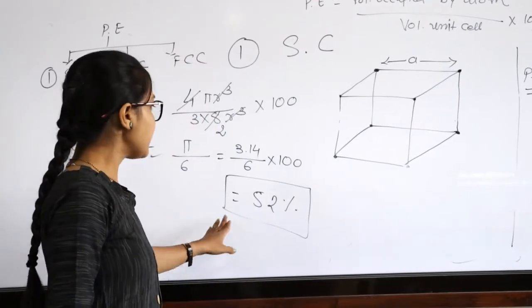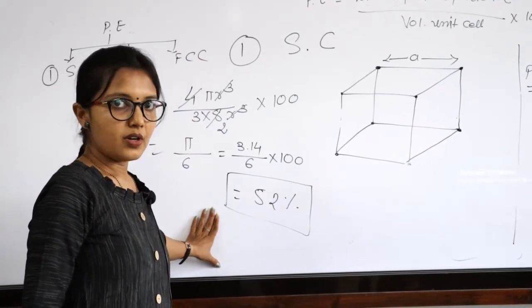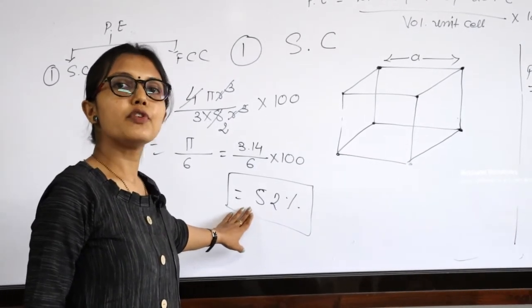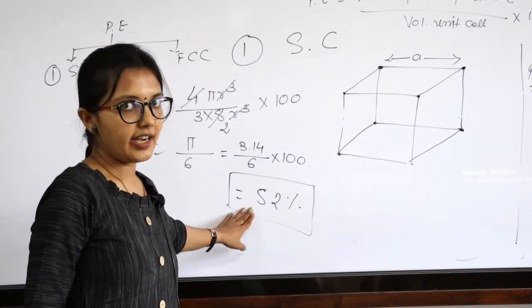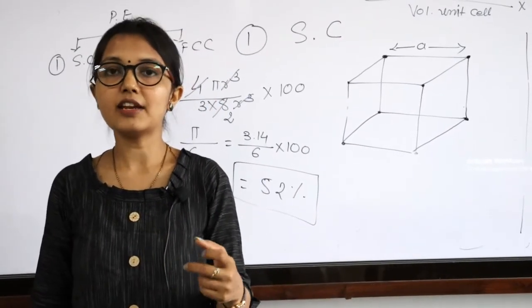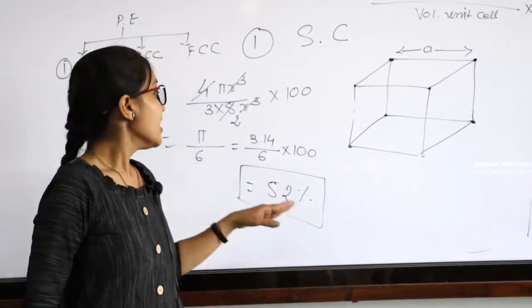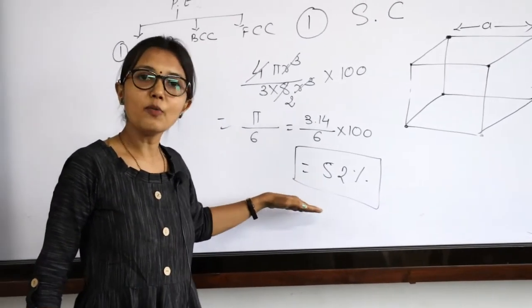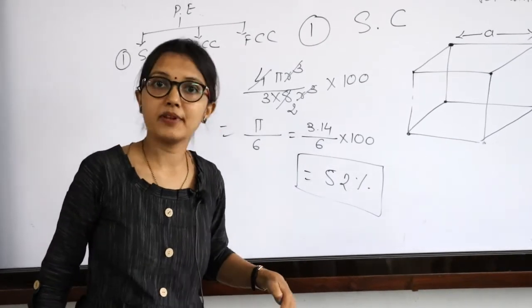And friends, for NEET or JEE, one question is present. Packing efficiency of simple cubic lattice is equal to 52%, and suppose the question is twisted. Then which type of question is present? In simple cubic cell, how many voids are present?